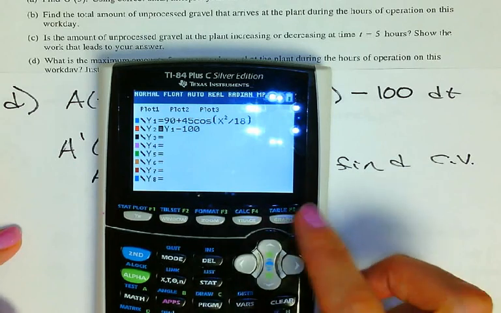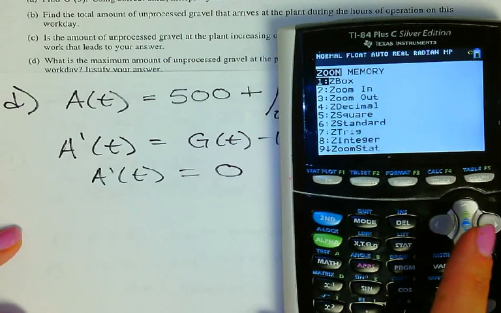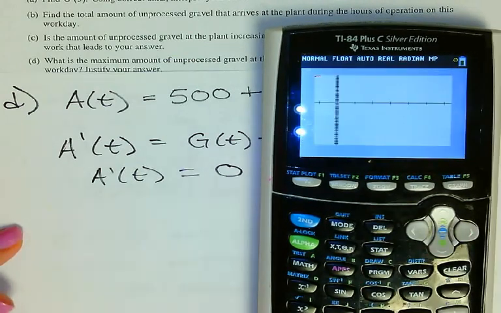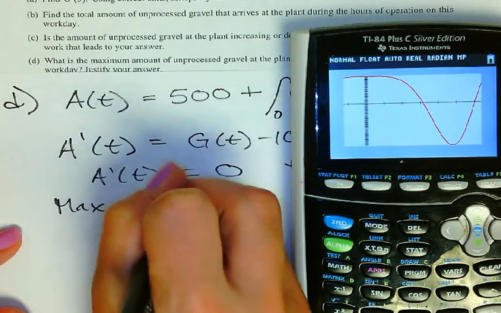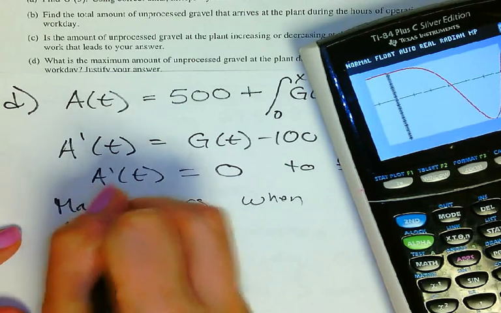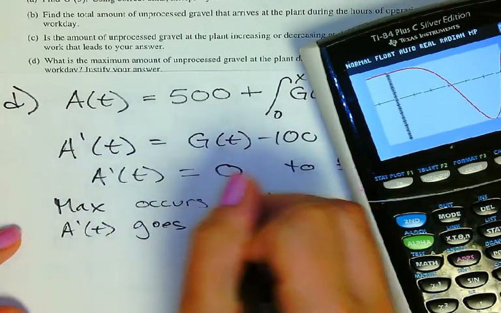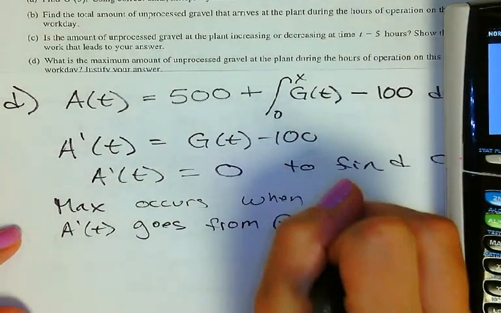So now when I graph this, it might take a minute, but I'm going to be concerned with where that equals 0. If it was helpful to you, you could also graph the line y equals 0 and do second calc intersect. But remember, a maximum occurs when your derivative goes from positive to negative.